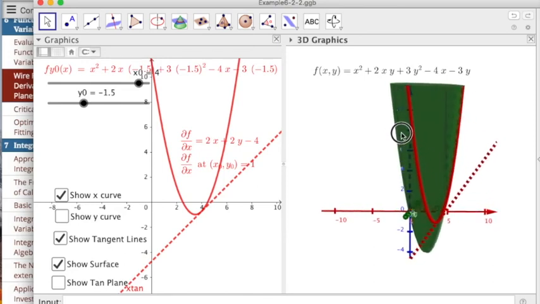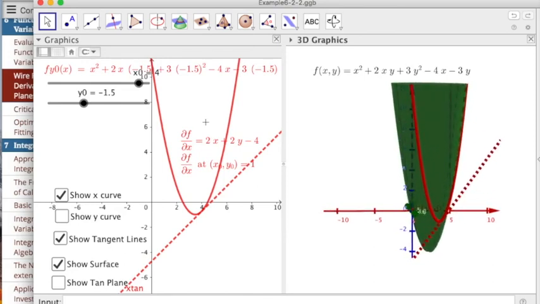It gives us a nice parabola-looking function, which if we simply move it over into the xy plane, I have the parabola function, where everywhere I saw y, I've replaced it by minus 1.5. That turns into a nice function.